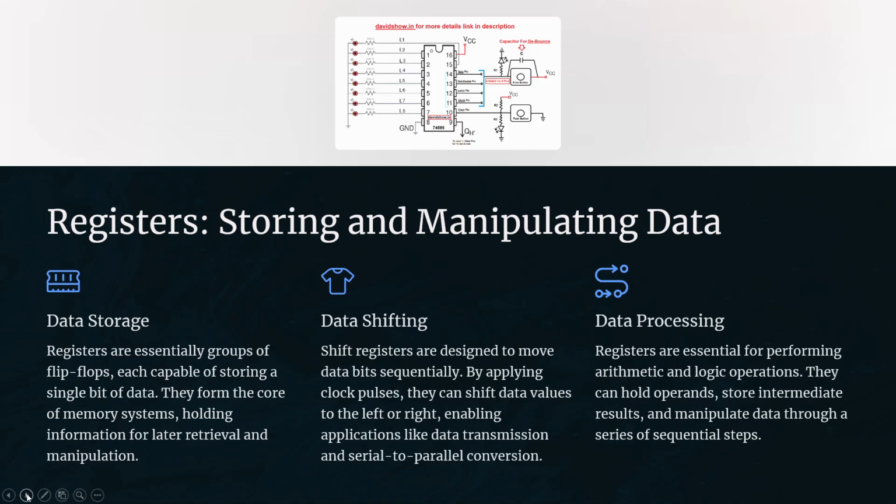Data processing. Registers are essential for performing arithmetic and logic operations. They can hold operands, store intermediate results, and manipulate data through a series of sequential steps.